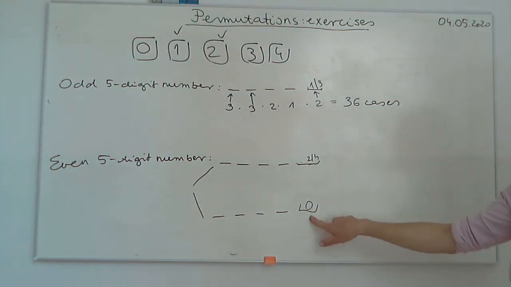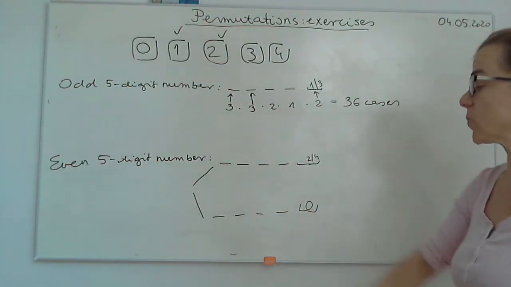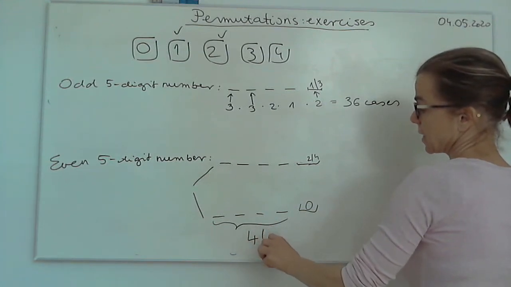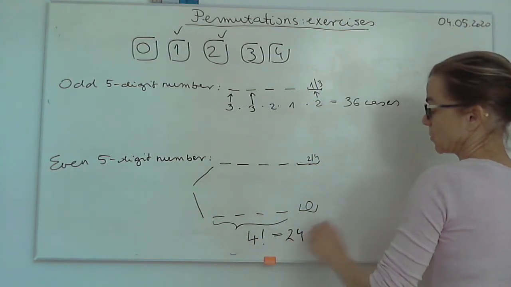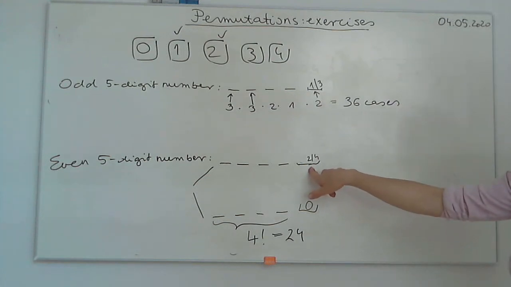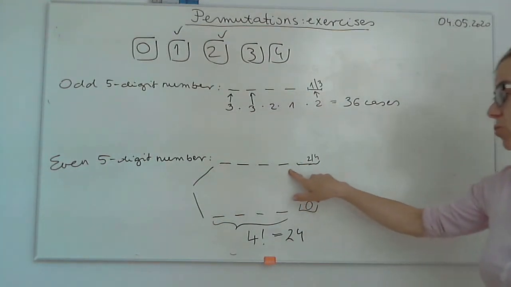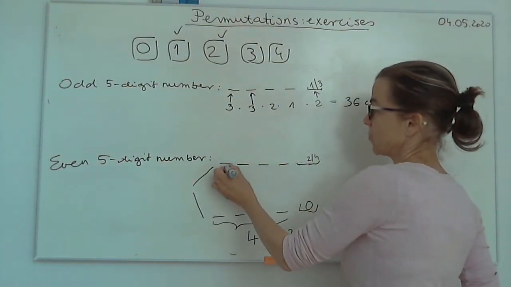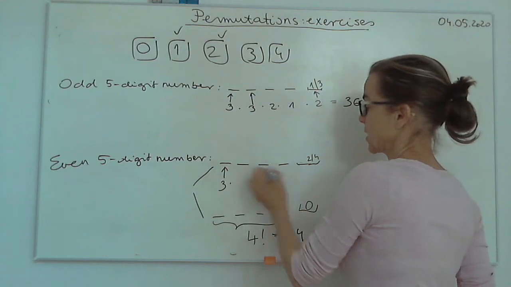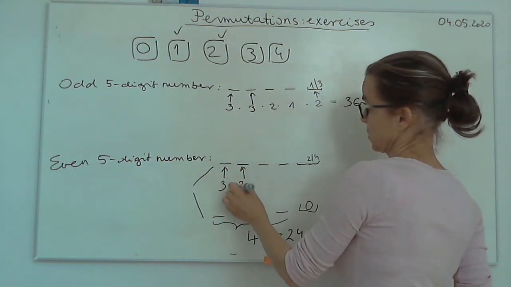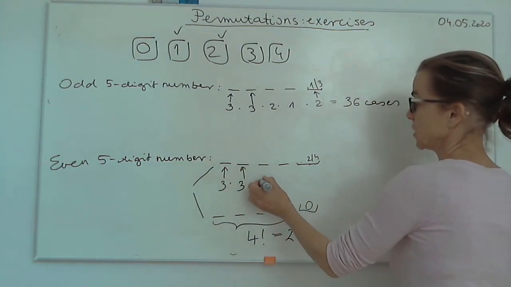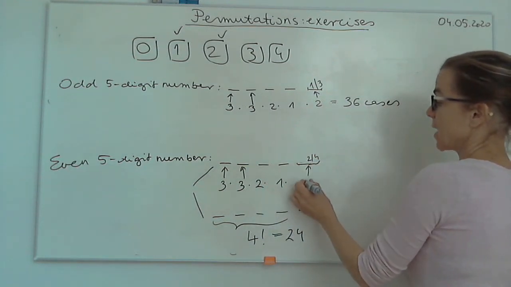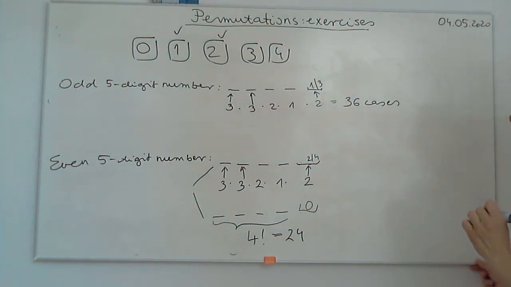If it ends with 0, then the remaining 4 cards go into 4 places. Nothing complicated about that. That's 4 factorial, 24. However, in the other case, I still have 0 to choose from, so I have to make sure it doesn't go into the first place. Therefore, here I only choose from 3 cards. Then again, I can choose from 3 cards because 0 can be chosen, then 2, then 1. And because of the original choice here, I have an extra multiplication of 2 there.